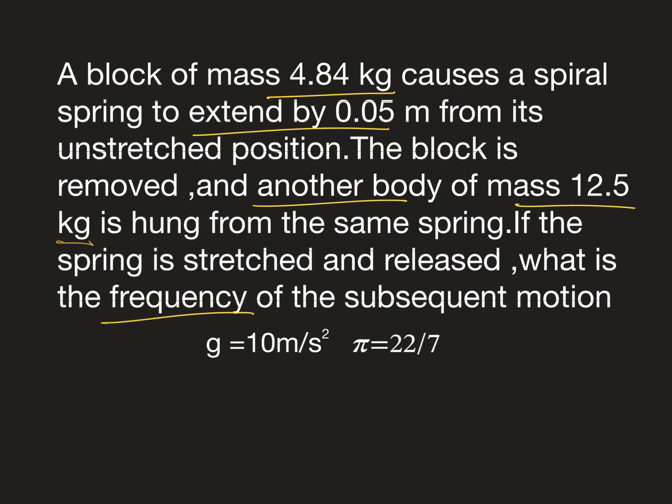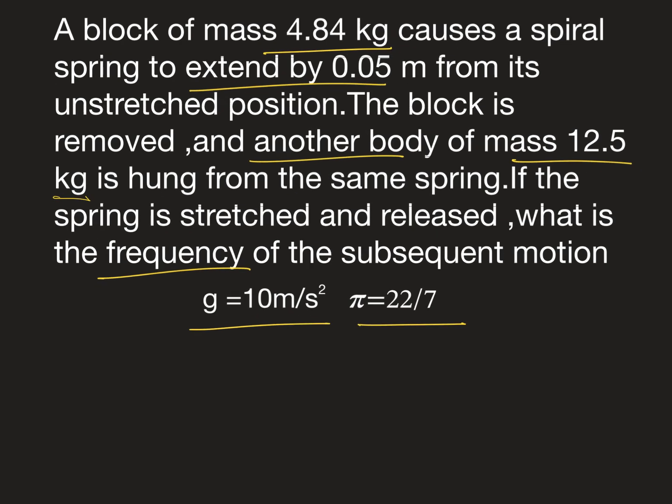We're going to take acceleration due to gravity as 10 meters per second square and pi as 22/7. So here we have to be careful. We are asked to find the frequency, not the angular frequency. Remember, the frequency is different from the angular frequency.